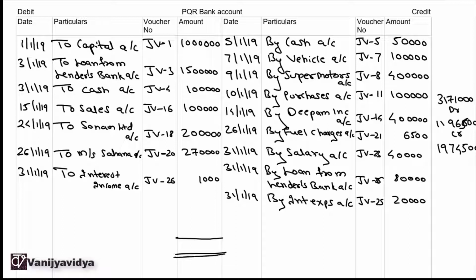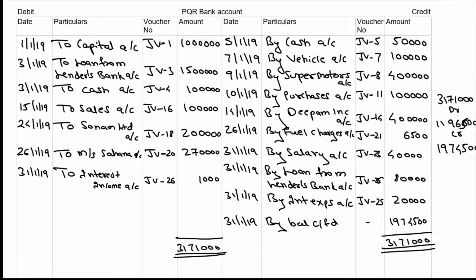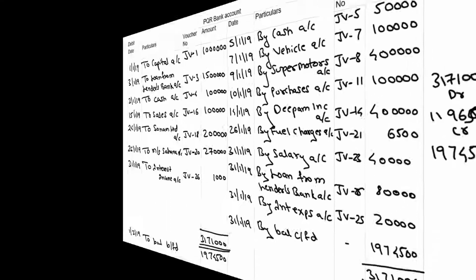So we'll take a total 31,71,000 on debit side, 31,71,000 on the credit side, and on 31st Jan 2019, by balance carried forward 19,74,500. So same balance we will carry it forward on 1st Feb 2019 to balance brought forward 19,74,500. Now let's move on to the next ledger account.